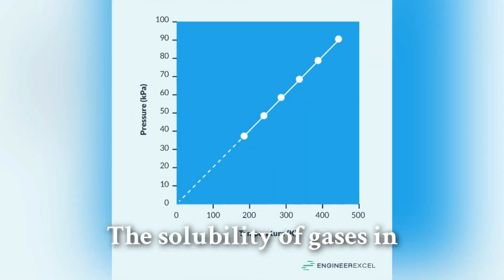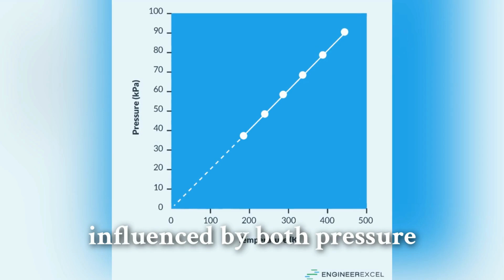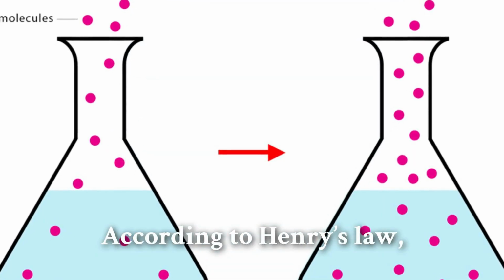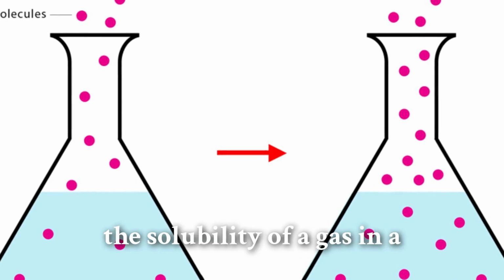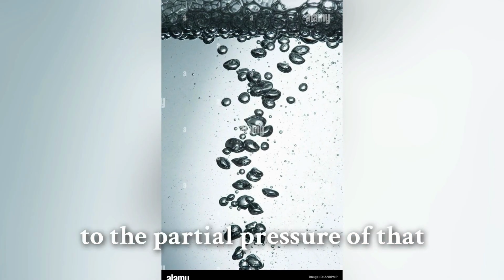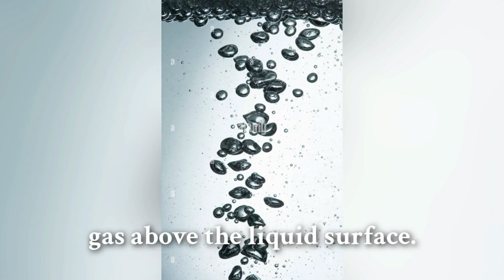The solubility of gases in liquids is significantly influenced by both pressure and temperature. According to Henry's law, at a constant temperature, the solubility of a gas in a liquid is directly proportional to the partial pressure of that gas above the liquid surface.